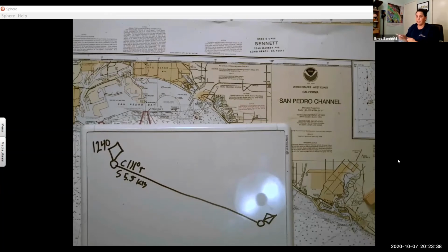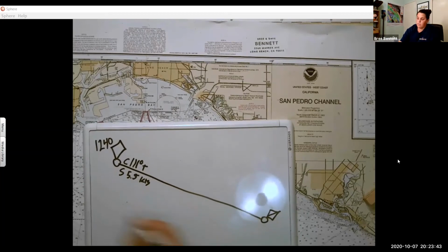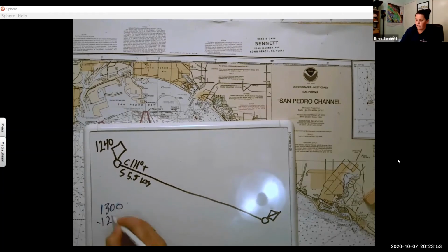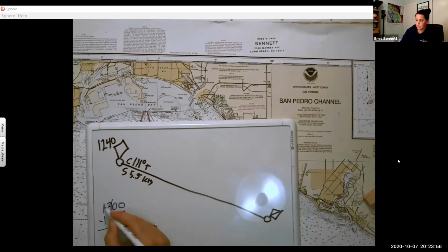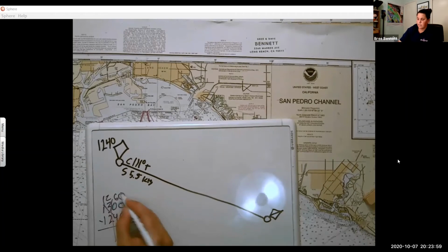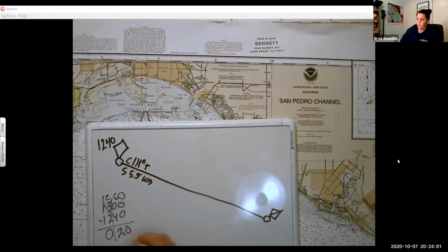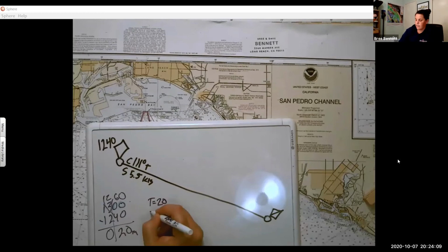So I need to plot my first DR at 1300. 1300 minus 1240 gives me 20 minutes. So I have a time of 20, a speed of 5.5. What is my distance?